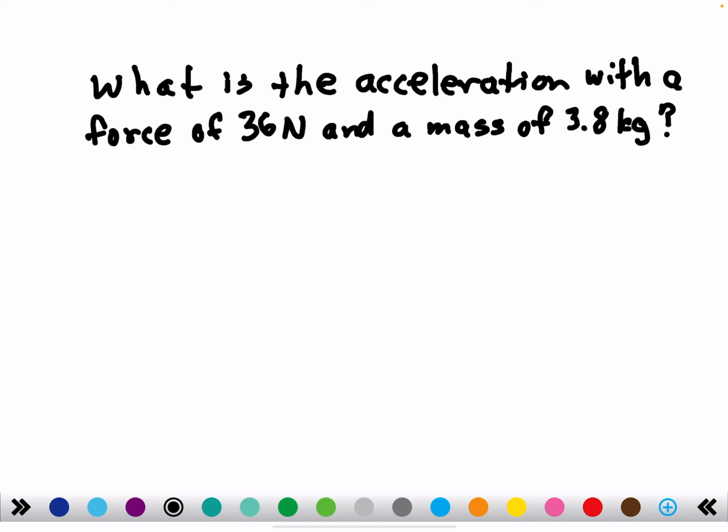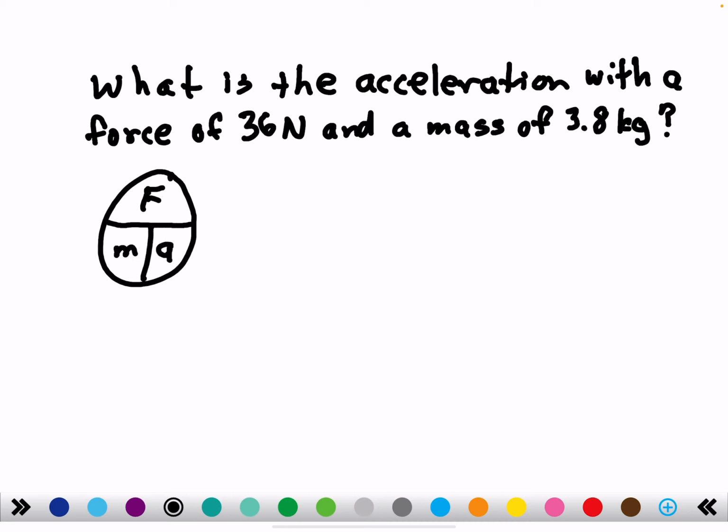What is the acceleration with a force of 36 newtons and a mass of 3.8 kilograms? Please pause the video and try this practice problem, then restart the video when you have an answer. Let's go to our formula circle.